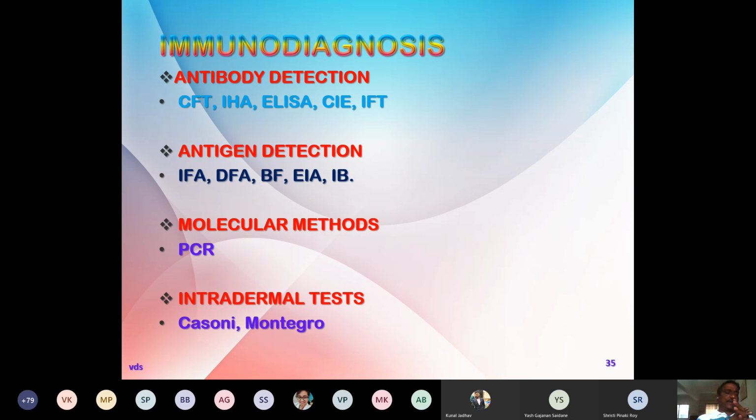Now, actually, this is a very crude method, and also it is dangerous. Sometimes we may inject even the scolices intradermally, and so these tests have been banned. The second test, Montenegro test, is done for the detection of Leishmania donovani infection.